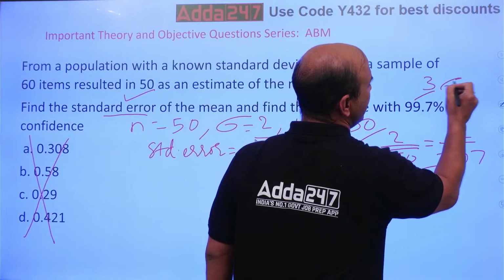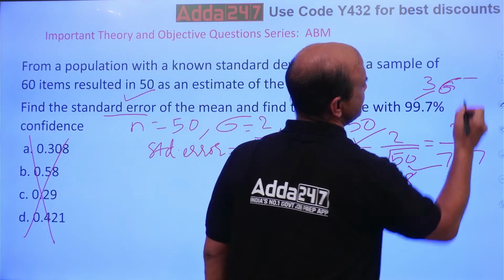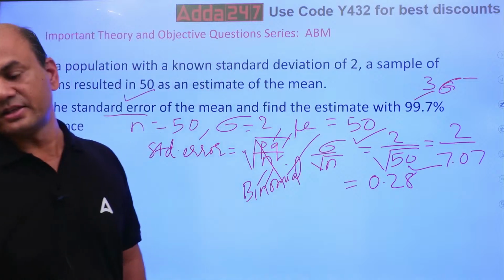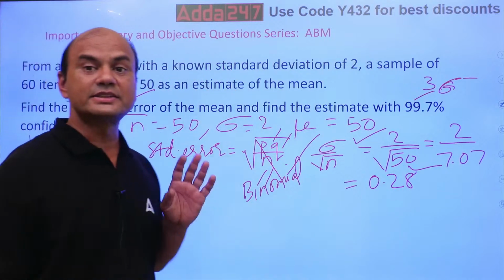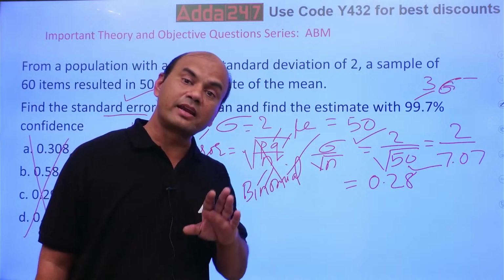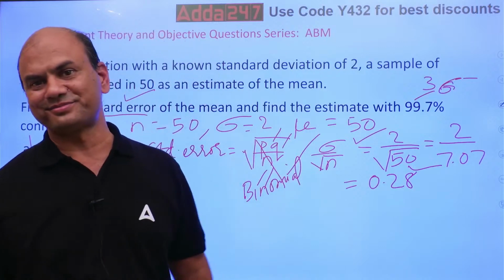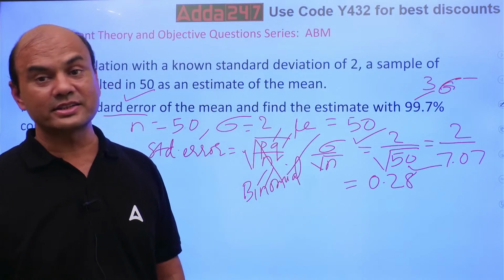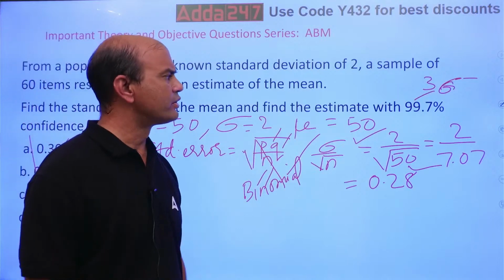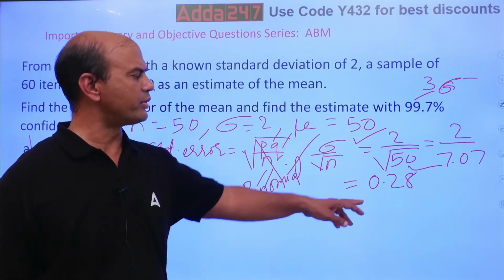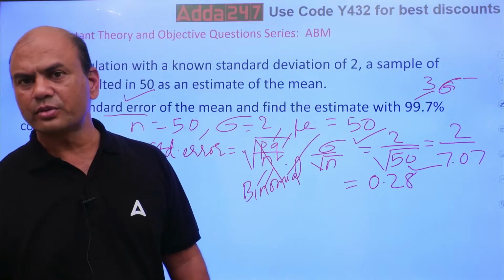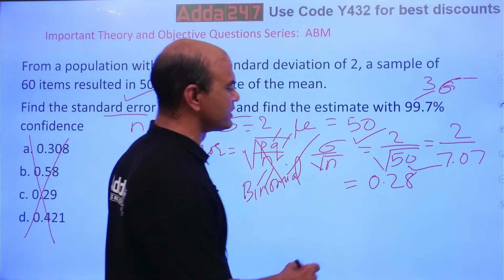3 psi dash. Standard deviation is written as psi. Standard error is written as psi dash. So 3 psi dash. Psi dash you already know, 0.28. So 0.28 into 3.